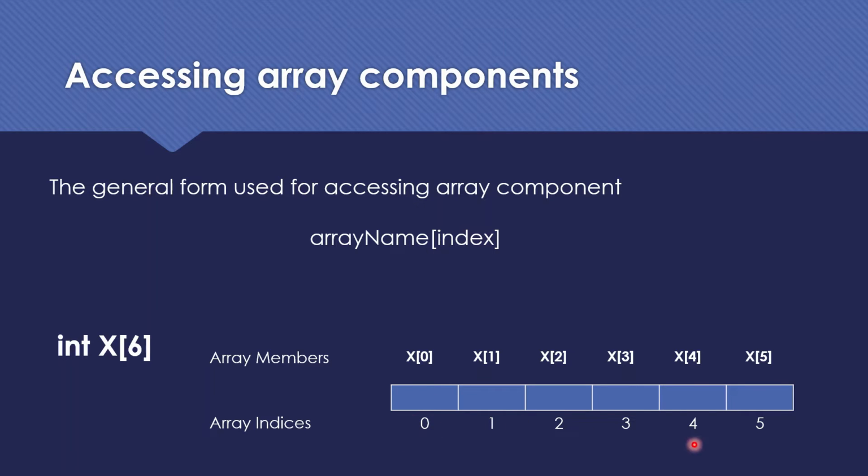So if the size of the array is n, the last element is stored at index n-1. We know that the size of the array is 6, and 6 minus 1 is 5. So in this example, x[5] is the last element.